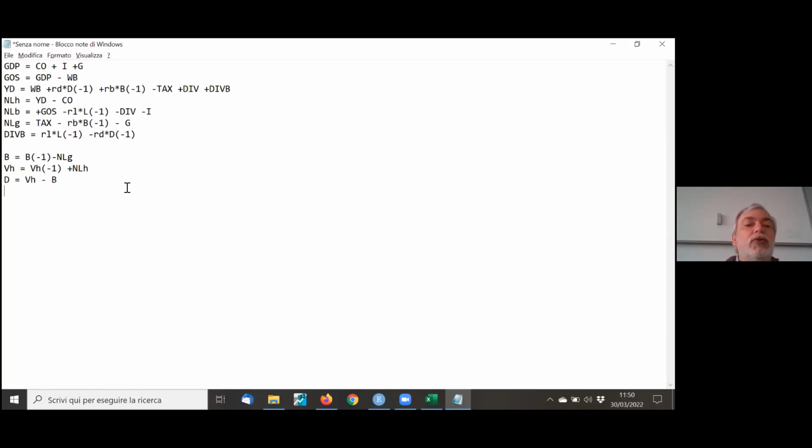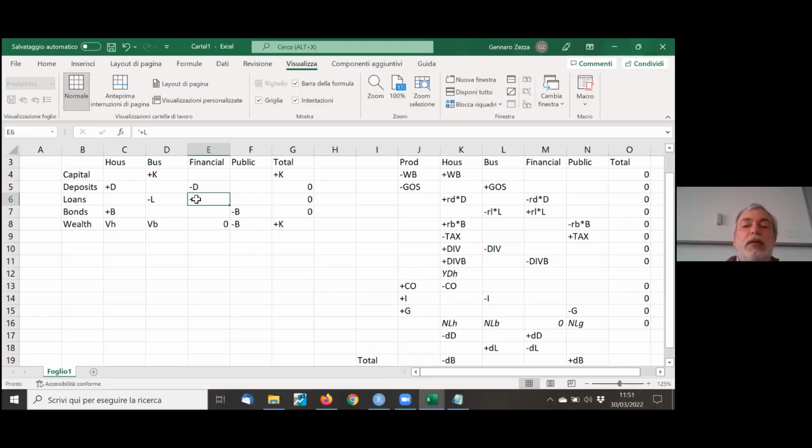So what we wanted to assume instead is that there is a demand for loans. So the change in loans is equal to investment less the net lending of the business sector.